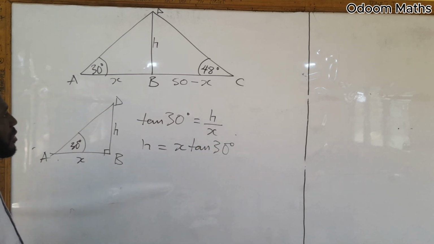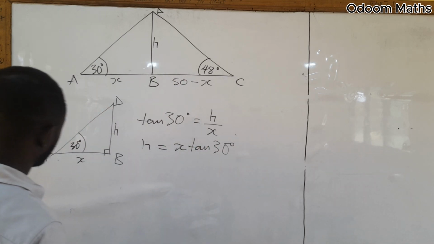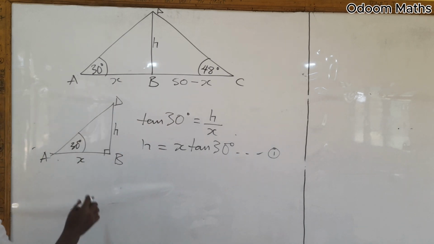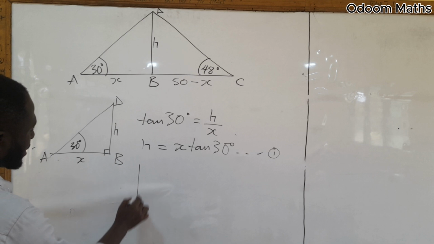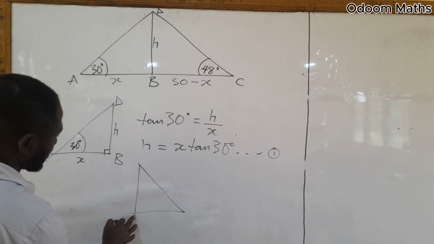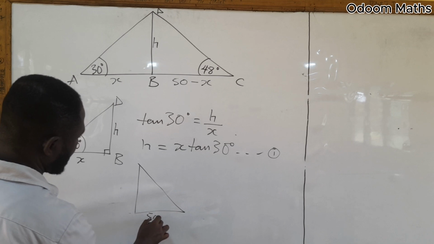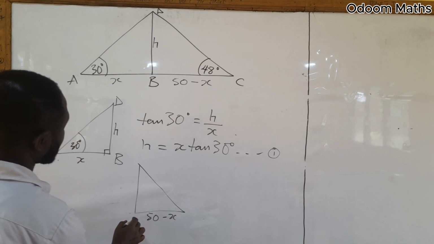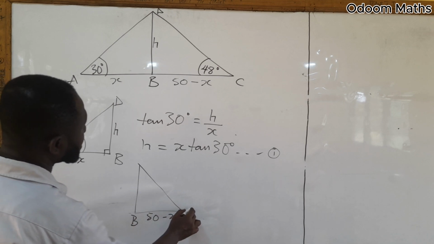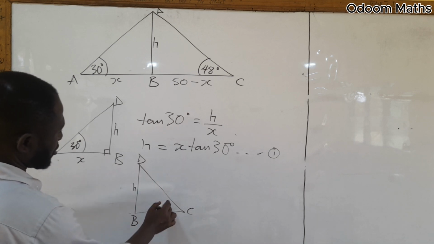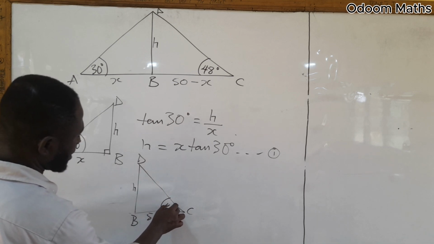Let me call this equation 1. Now let's look at this other side. The diagram is also like this. This place is 50 minus X, this is B, this is C, and that is D. That's still the height, and the angle here is 48 degrees.